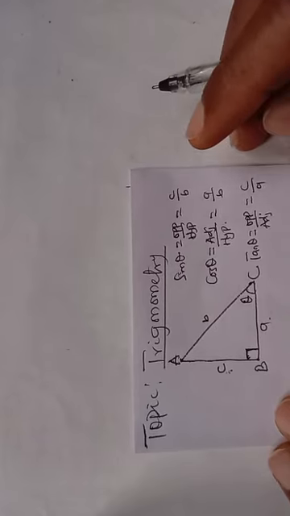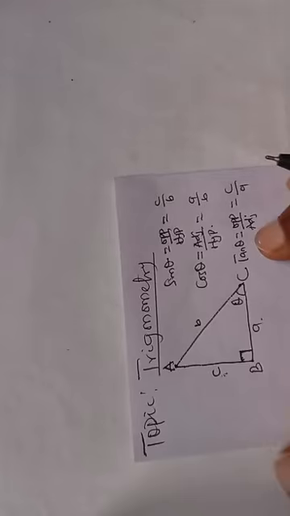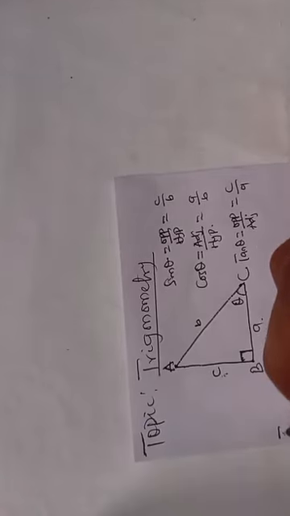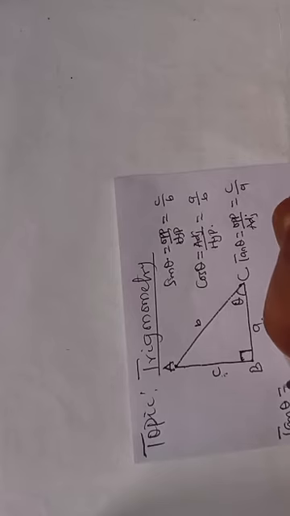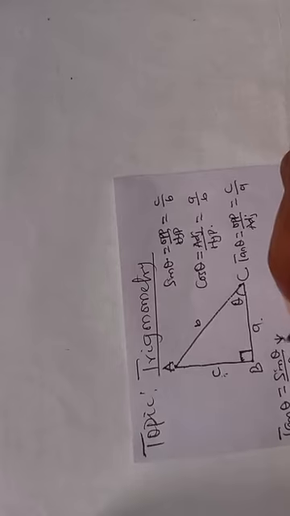Now, tan theta can be equal to sine theta over cos theta. Let's prove this.